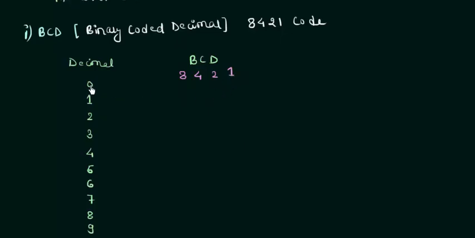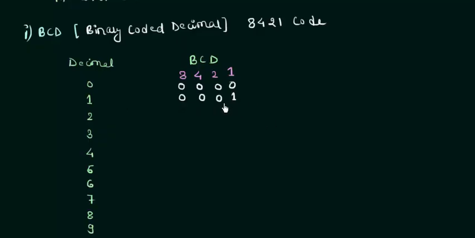So let's start. If you want 0, you have to make all 4 bits 0. And if you want 1, you make the first 3 bits 0 and the last bit 1.